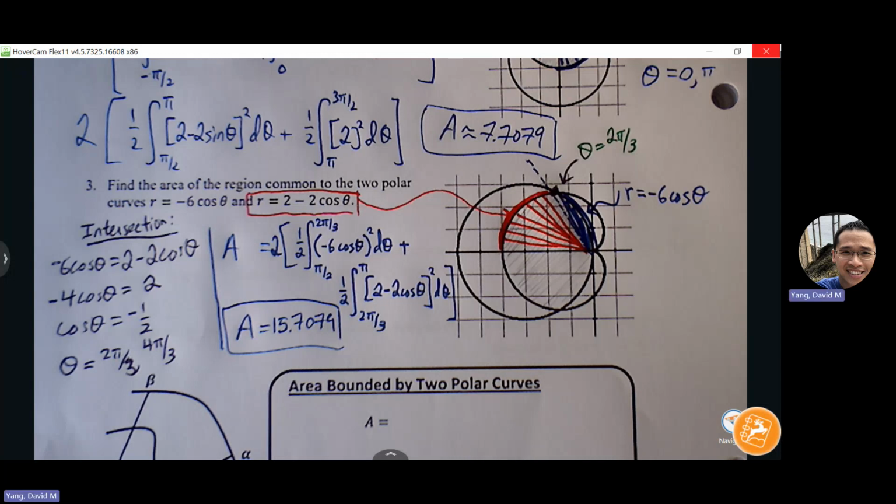Yeah, good question. Anything else? Then how does it skip to 2 pi over 3 when starting the second integral?